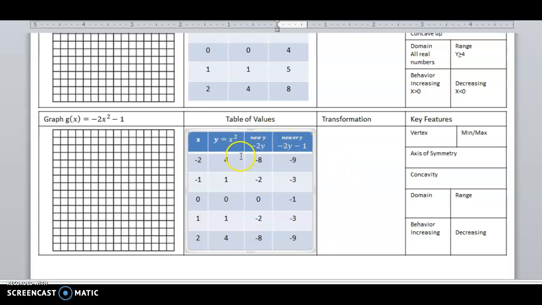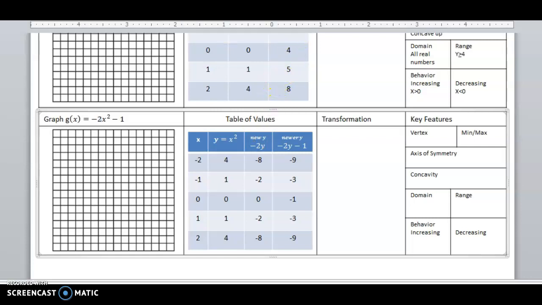So going back, these were the parent function values, and then we applied the product here, which is negative 2. So we multiplied all of these by negative 2. And then after getting the value of negative 2x squared, we subtracted 1 from every single point. So which ones are we going to graph?